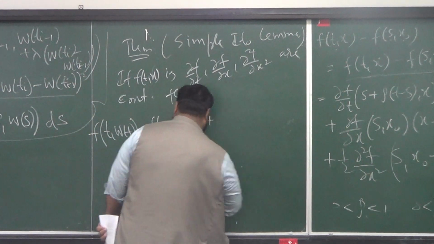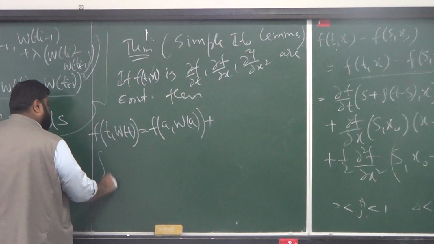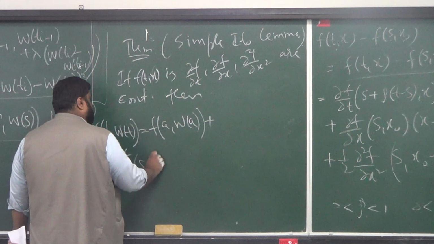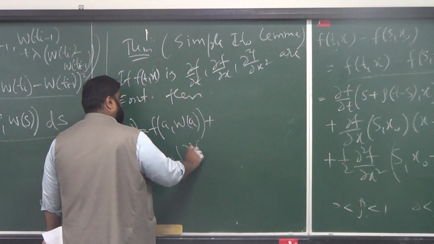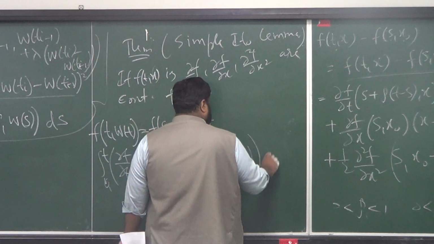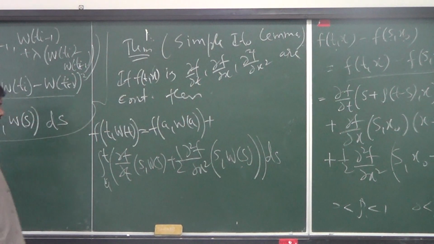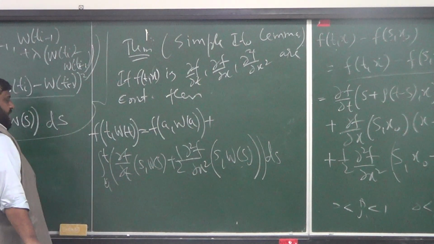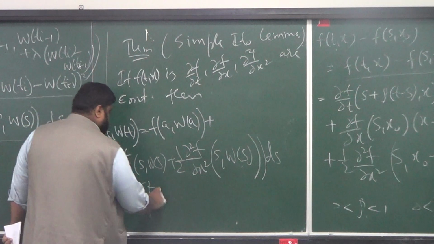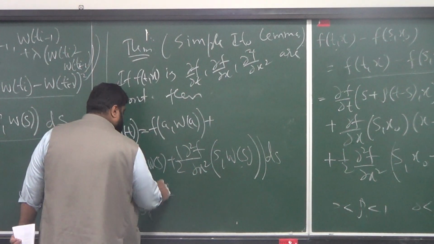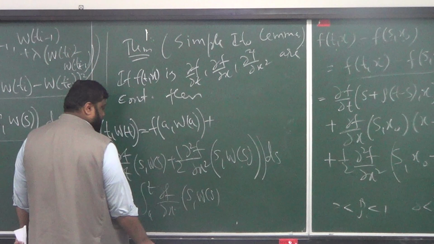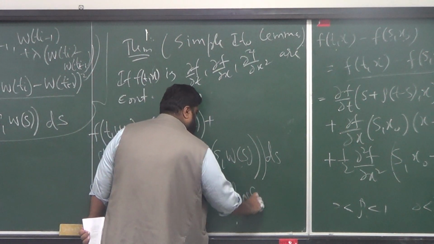Plus the integral from a to t of partial f by partial t evaluated at s, w of s, plus 1/2 partial 2f by partial x2 at s, w of s, ds. Plus the integral from a to t of partial f by partial x at s, w of s, dw of s.